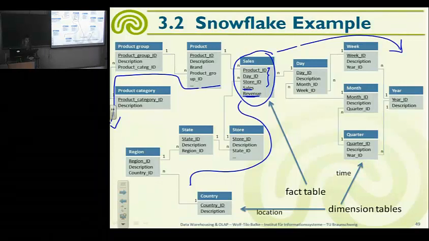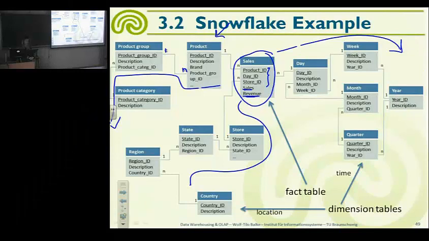And for each of these classification levels, for each dimension, we create a table for each granularity. So in the product dimension, we start off with the finest granularity, the product, and then each product is associated with one product group. The product group may have many products, and so on and so forth. Product group with the product category.